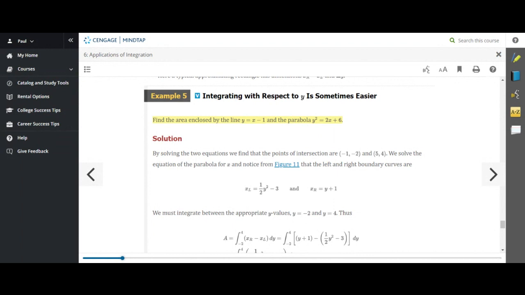So if we were to graph y squared equals 2x plus 6, how would we do that? Let me go to the whiteboard. y squared equals 2x plus 6.